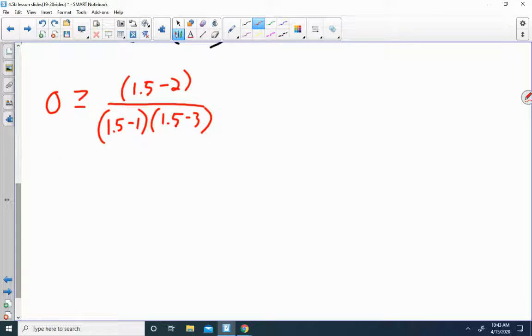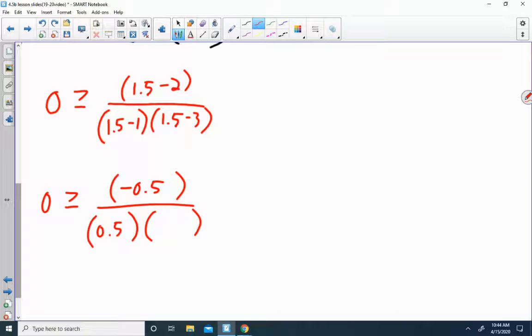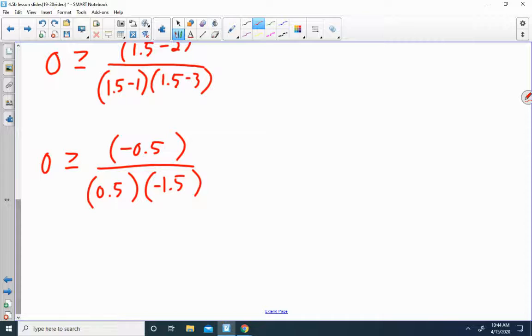Simplify from there. On top, probably going to need a calculator if you need to. 1.5 minus 2 should give you negative 0.5. On bottom, 1.5 minus 1 should just give you positive 0.5. And then 1.5 minus 3 should give you negative 1.5. Okay, go from there.